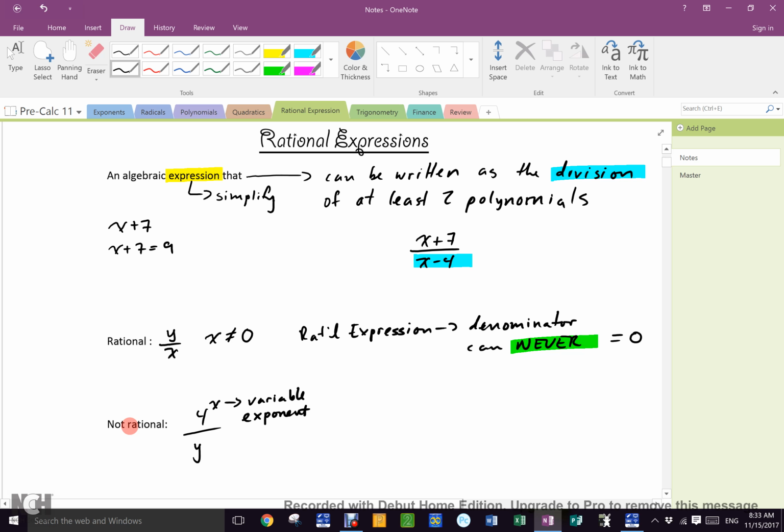The other thing that we can't have is no radical variables, because a radical variable is just an exponent with a variable, yes? That's not allowed.